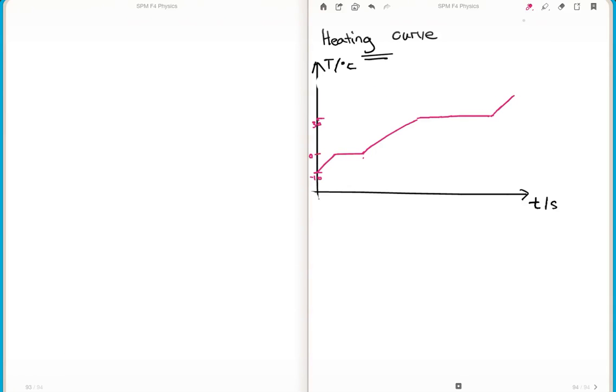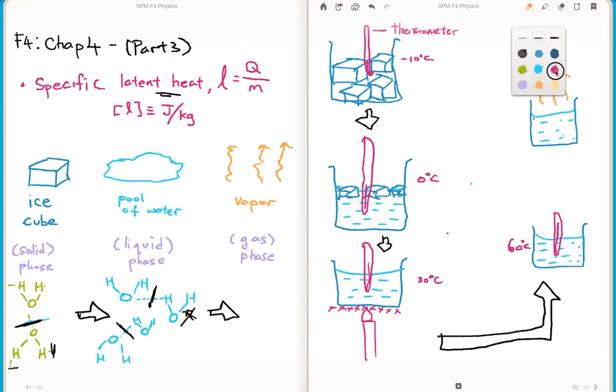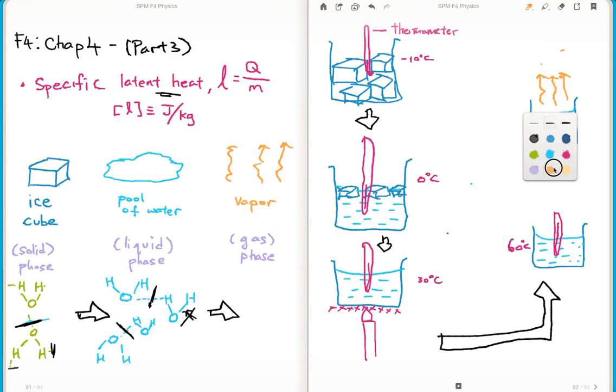So this is basically what happened. This is the scenario. At 60 degrees, you heat up further, depending on what final temperature you want. You see vaporization. I heat it up, then vaporization. But from here to here it will take some time. So this is what happened.